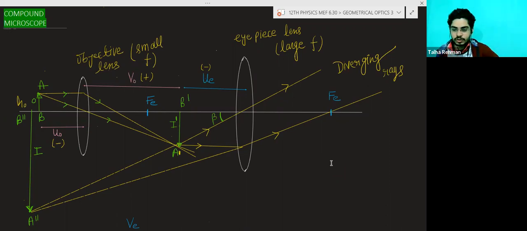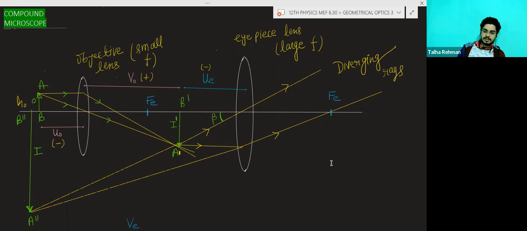Distance can never be negative, we all know. Distance is distance. 5 centimeter is 5 centimeter. We cannot say minus 5 centimeter distance. But sign convention is chosen to make the study easy.